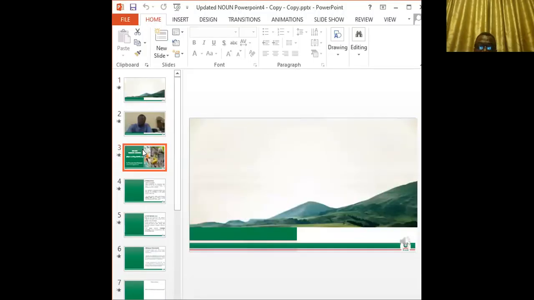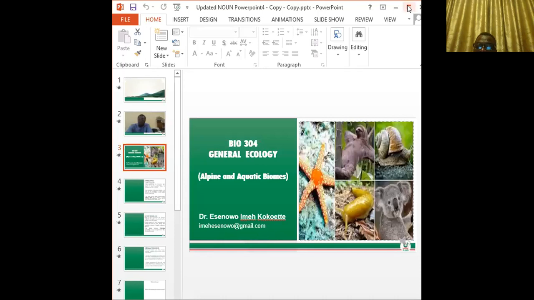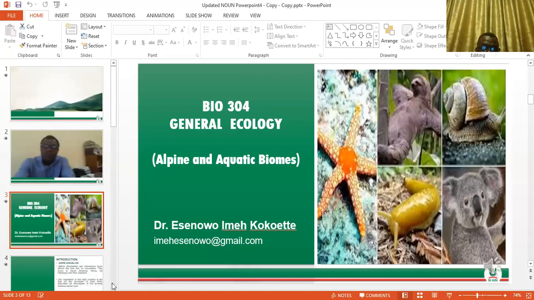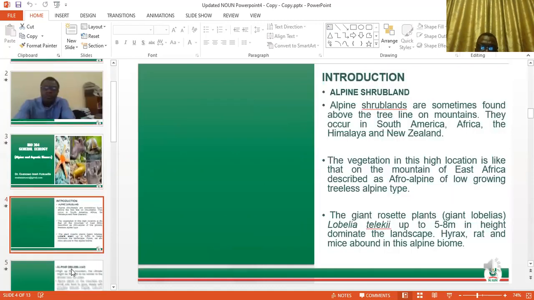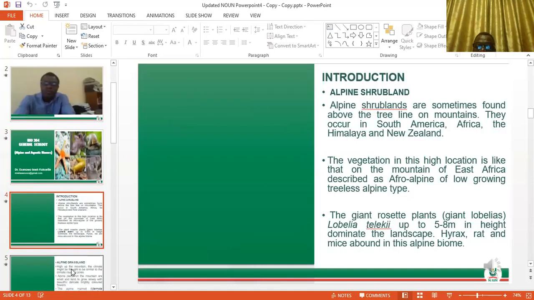Then we went over the alpines and aquatic biomes. And we said the alpine shrublands are sometimes found above the tree lines on mountains.